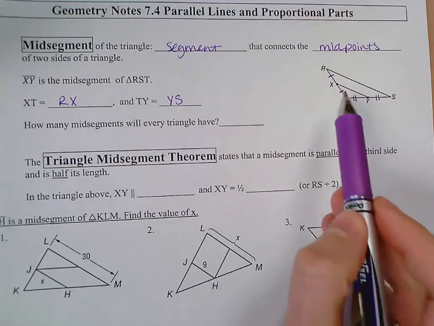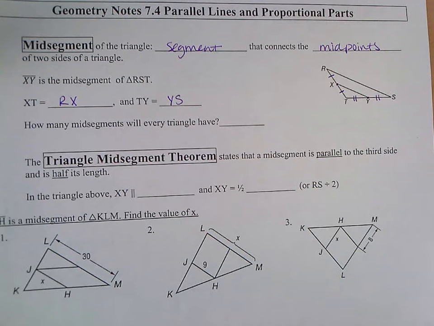So not necessarily all four of those segments congruent to each other, but you do know that X is the midpoint of RT and Y is the midpoint of TS.